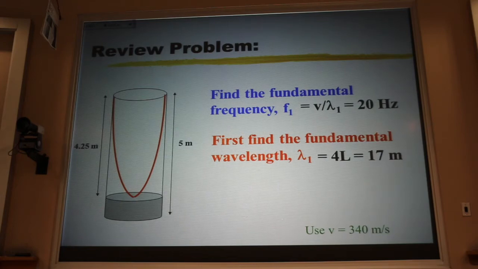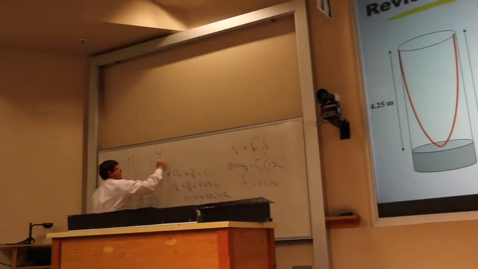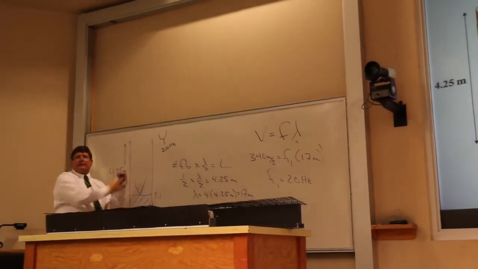And we might or might not hear that because it's right on the edge of human hearing. But still, that would resonate in the tube. What that means is that if I brought a tuning fork that was 20 hertz, I could excite the fundamental.